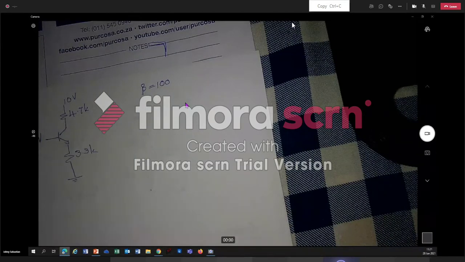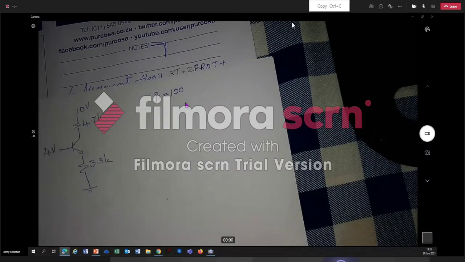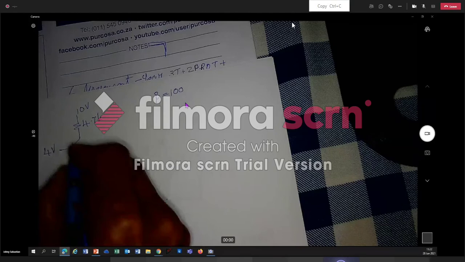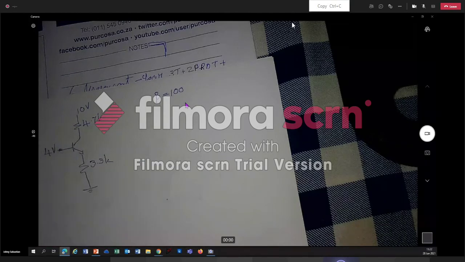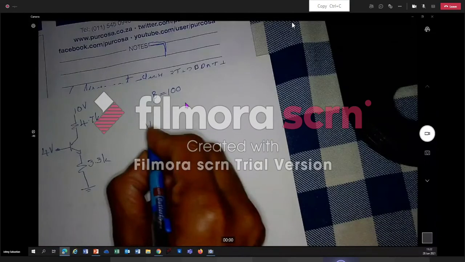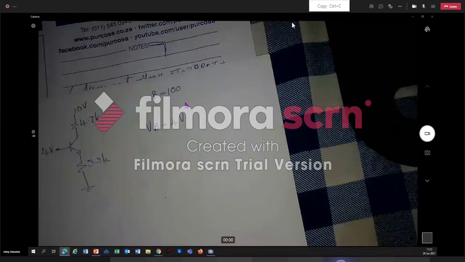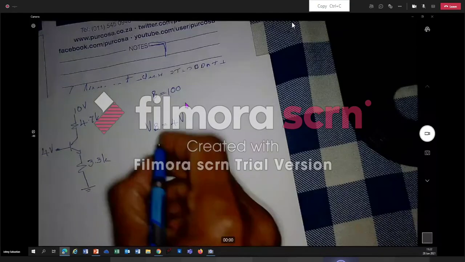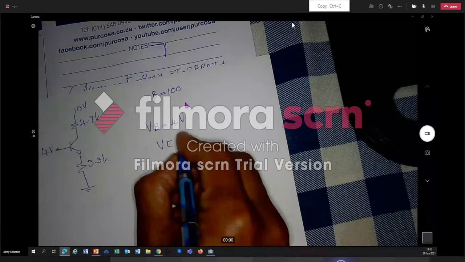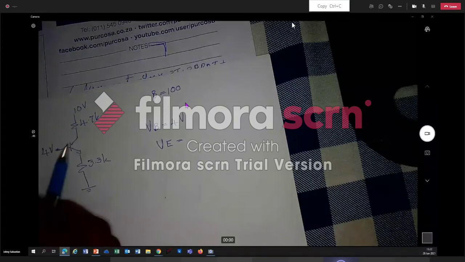We need to start with something solid, something we know for certain. Voltage at the base is 4 volt. That is something solid. Now we can work out the voltage at the emitter. Can we work out the voltage at the collector?